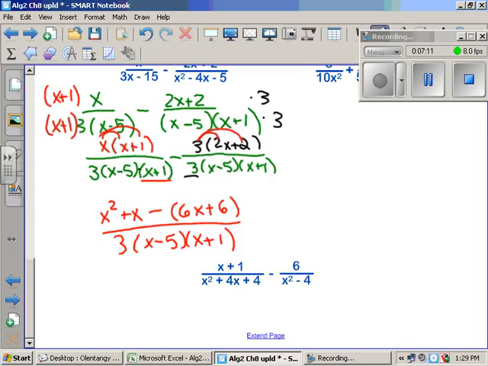Then I combine like terms. So this is, I'm going to distribute the negative, so this is really minus 6x minus 6, right? So the top is going to be x squared, and then positive x minus 6x is minus 5x, and then minus 6 is there, and then all that stuff on the bottom stays. Oops. Minus 5.